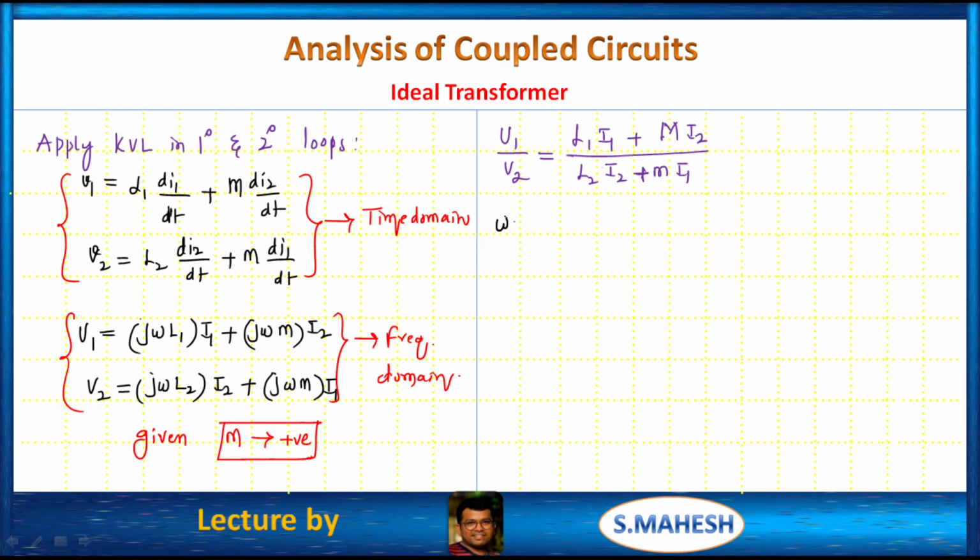But we know that for an ideal transformer K is equal to 1, therefore M is equal to square root of L1 L2.